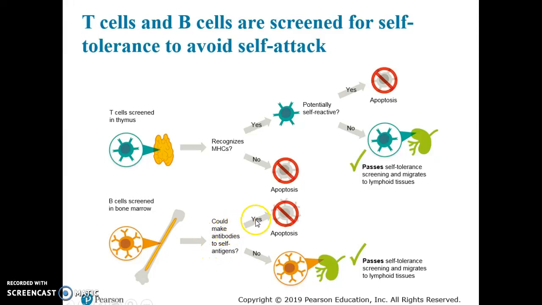If the answer is yes, it is supposed to immediately undergo apoptosis, because you don't want antibodies made to your own tissue, your own proteins. Otherwise, it will start attacking whatever that protein is. Could it make antibodies to self-antigens? No. And so it passes that screening for self-tolerance and migrates to the lymphoid tissues, the lymph nodes, the spleen, to further go through activation.